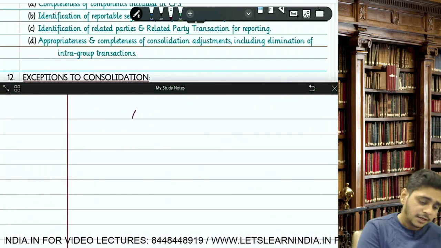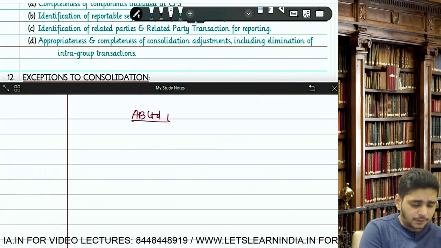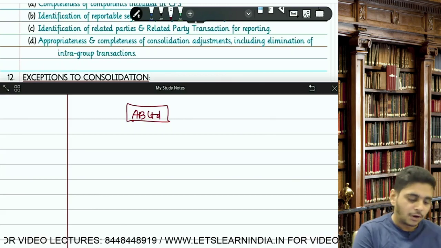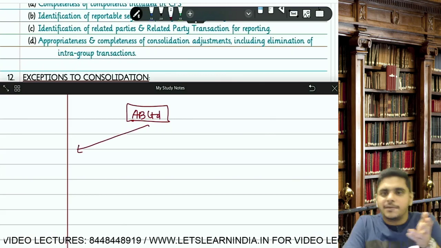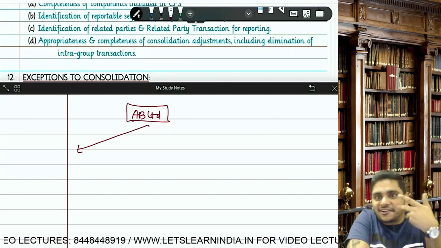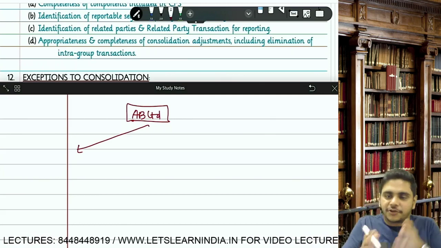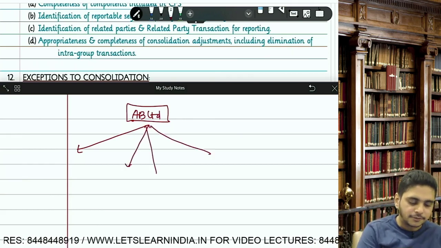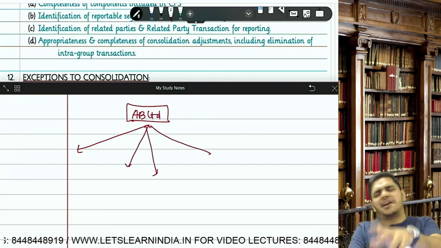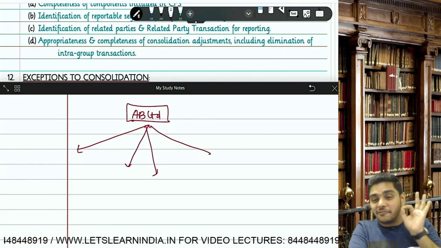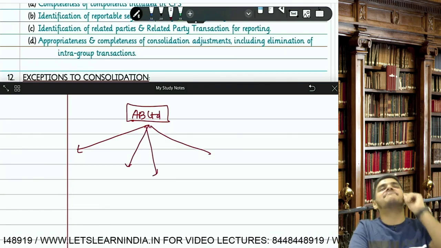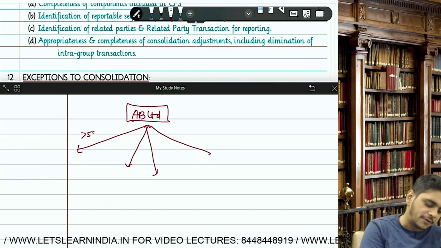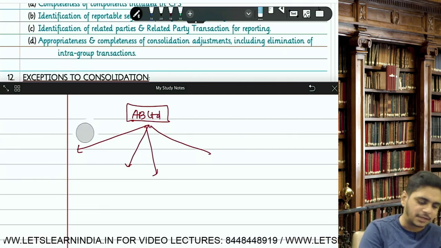It says, if AB Limited has a business of doing what? AB sir keeps on traveling here and there: Chennai, Coimbatore, Ahmedabad, Nagpur, Delhi. My main business is to invest. Direct investment, where the definition of subsidiary is more than 50%.